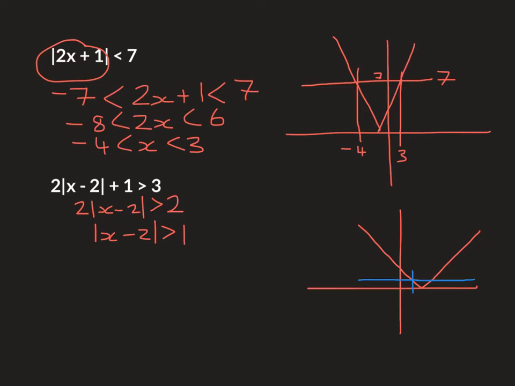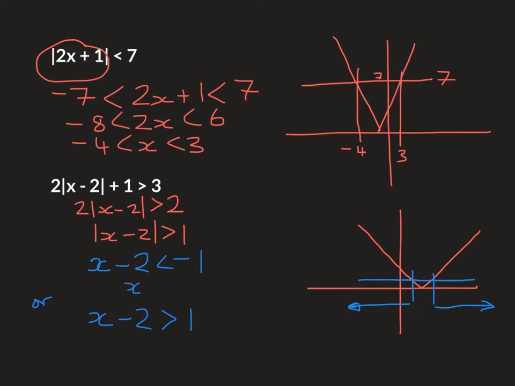So I'm talking about this region here, and I'm talking about this region here. But I've got to find those points, and using the rewriting of this another way, that is when x minus 2 is less than negative 1, or when x minus 2 is greater than 1.